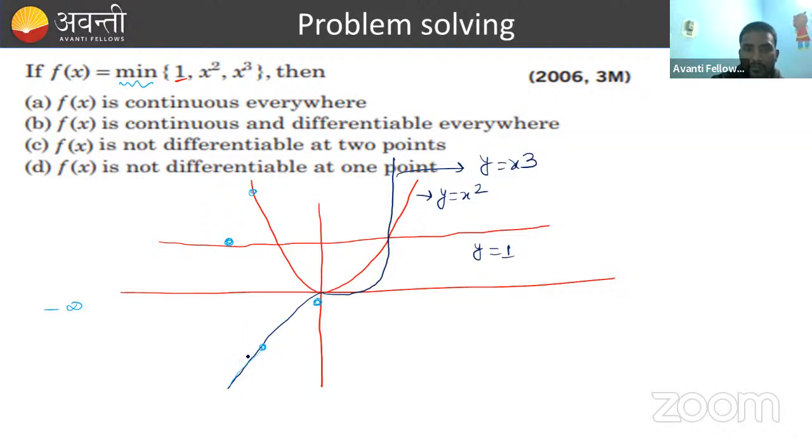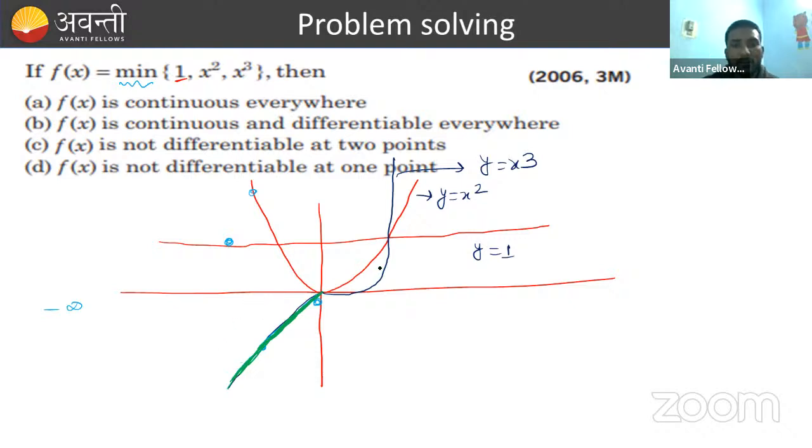It is always below the others, so we have to keep this one only. This time I am not cutting, I am just highlighting it with green.